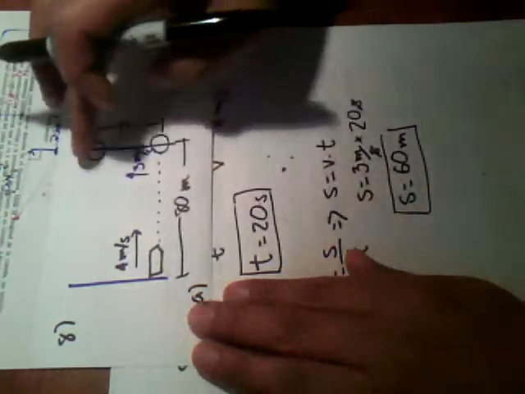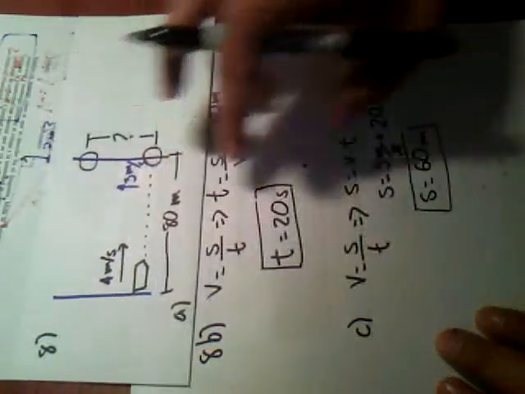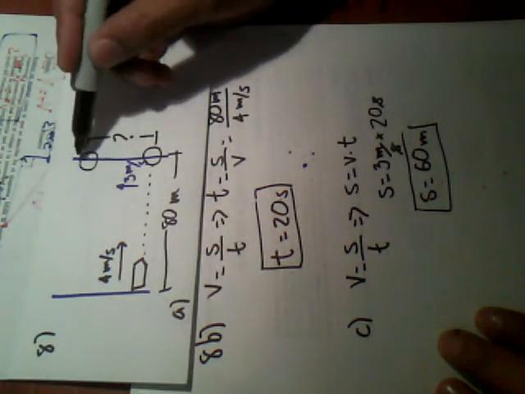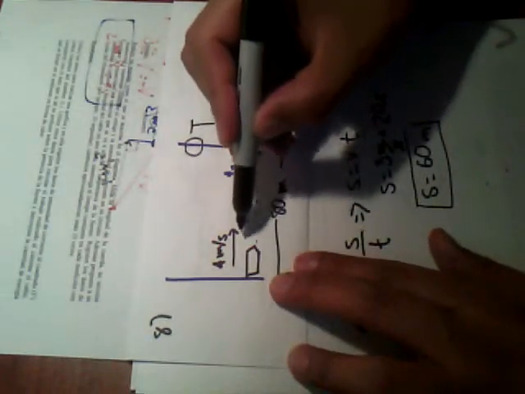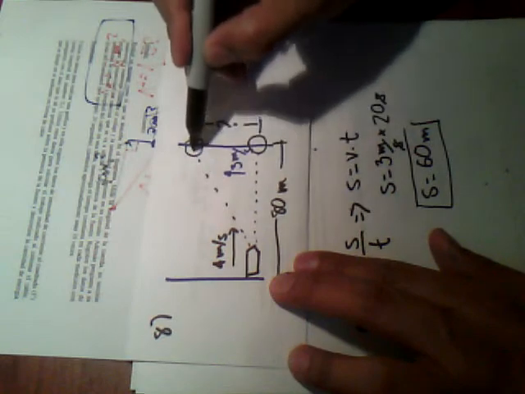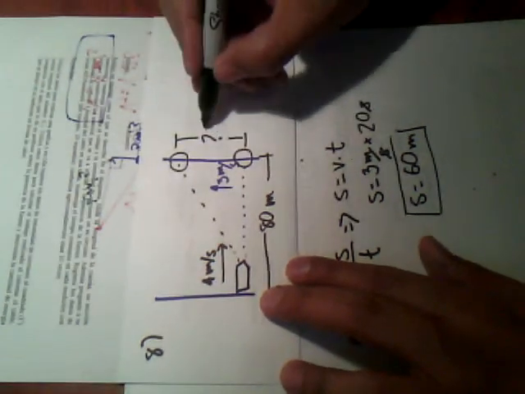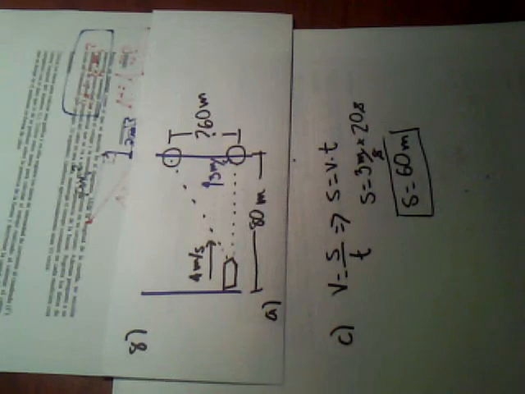So the two velocities are independent, and the first one is used to calculate the time, and the second one, the 3 meters per second, is used to calculate this distance. So the boat in the diagram will end up doing this, because it moves to the right, but it also moves up, right? And what we wanted to find is this distance, 60 meters. That's problem 8.